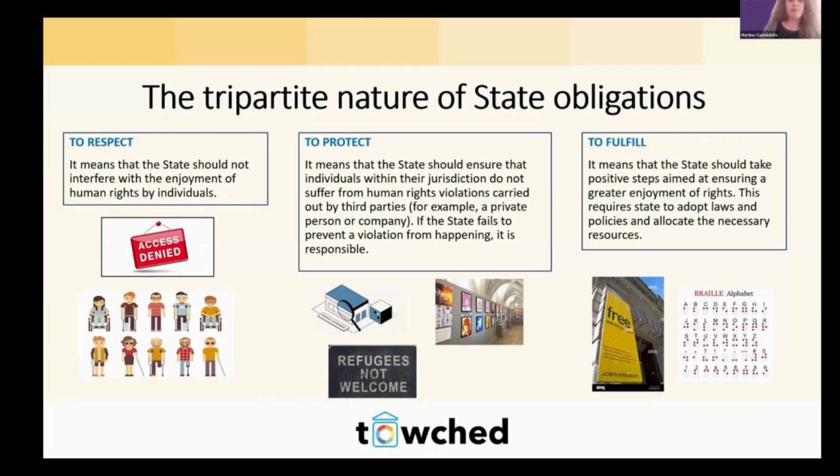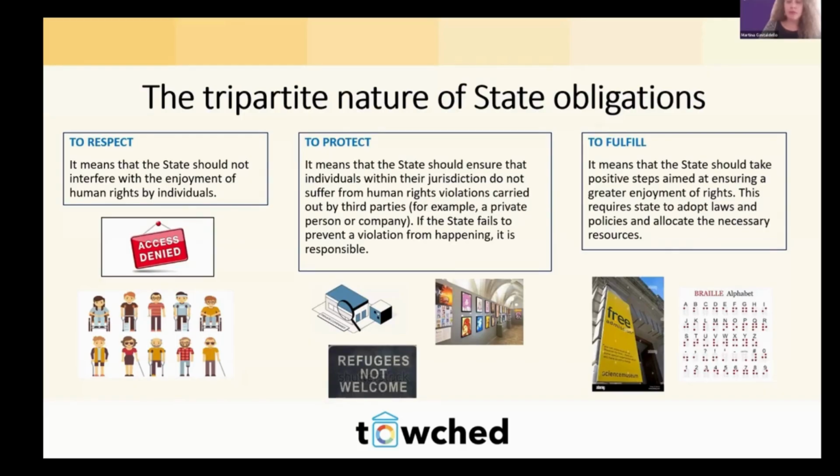But the company puts one condition, and the condition is that refugees are not welcome to visit this exhibition. So if a museum doesn't do anything about it and just accepts this, maybe to receive the funding, then this would be a violation of the obligation to protect the human rights of people.